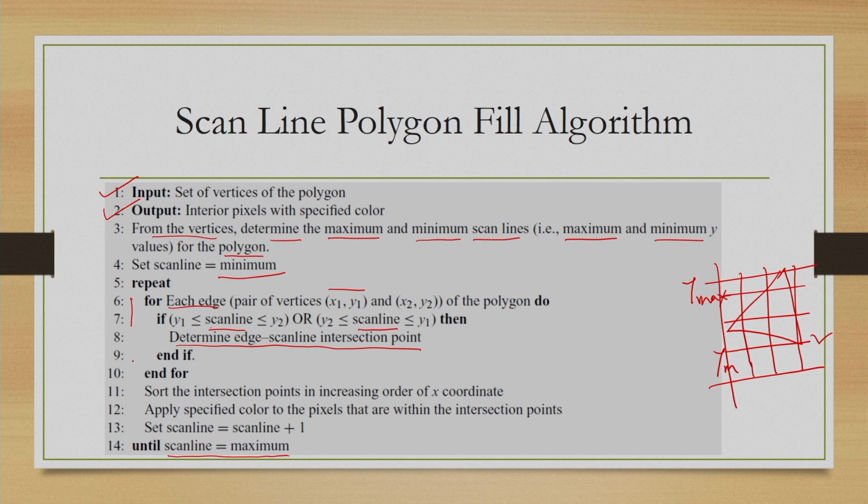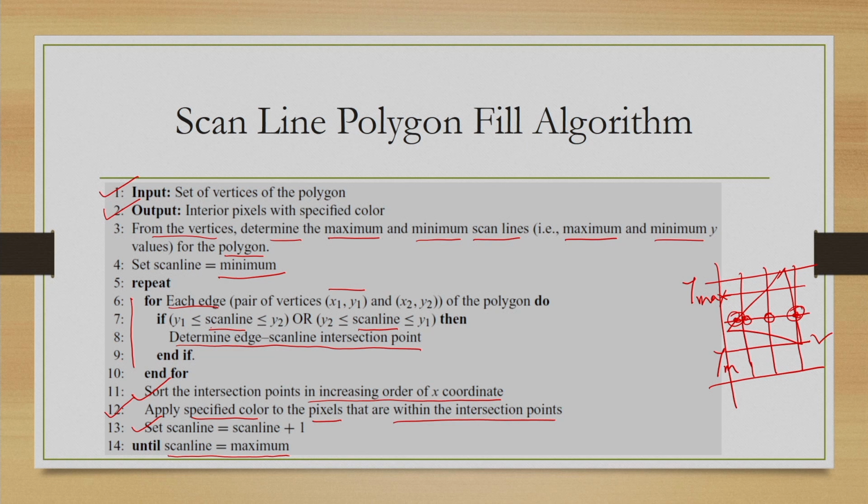After these steps, we sort the intersection points in increasing order of x coordinates. Then apply specified color to the pixels that are within the intersection points. So, all intermediate pixels we apply the color and then we go to the next scan line.